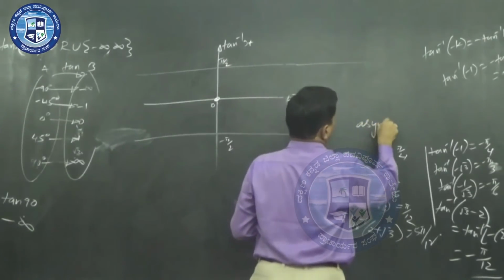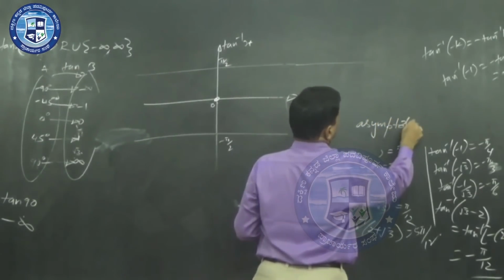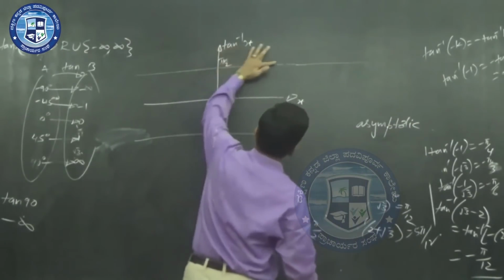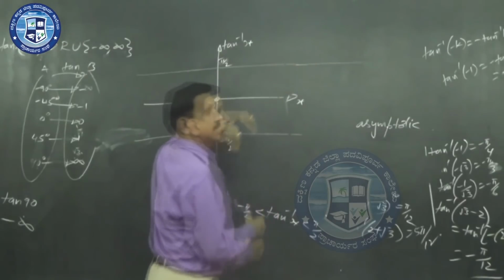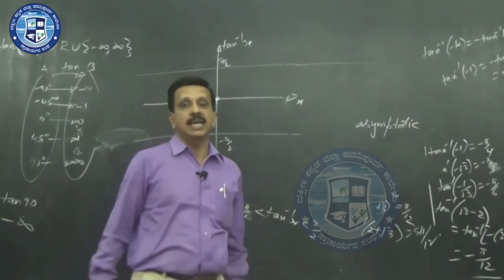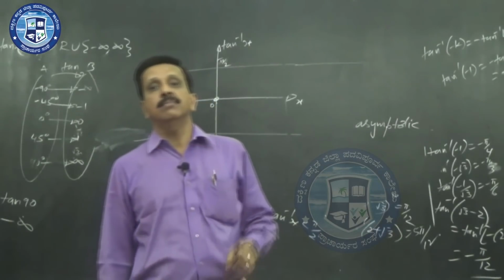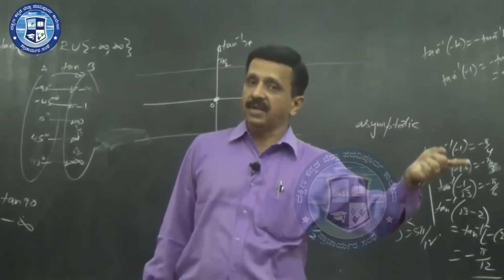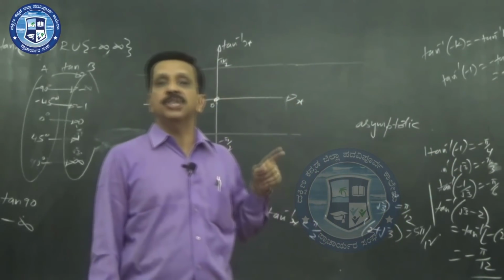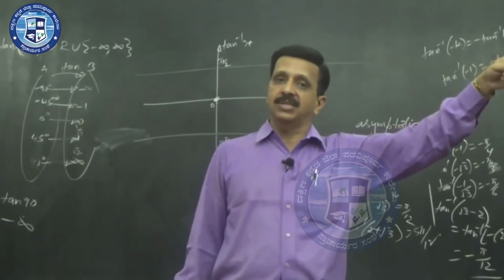You know what I mean by asymptote? The curve is asymptotic and the line is asymptote. Here this line is asymptote and such a curve that you are drawing is asymptotic. Asymptote is a line which becomes a tangent to a curve at infinity. Asymptote is a line which appears to touch the tail of a curve but it will never touch.